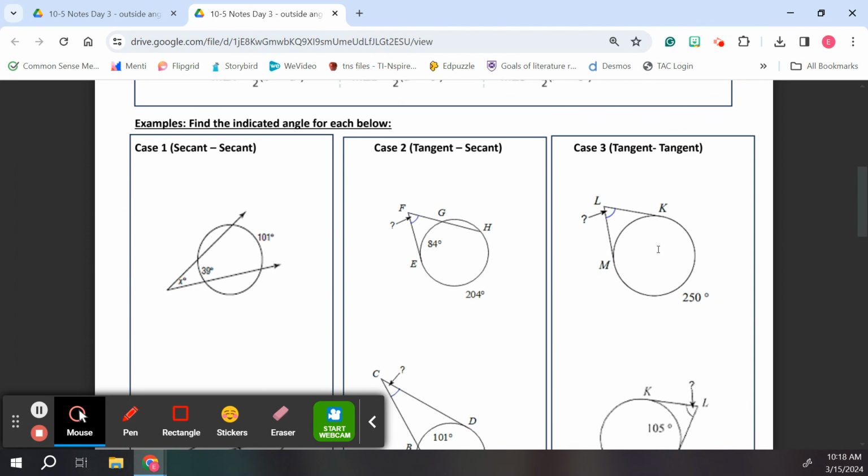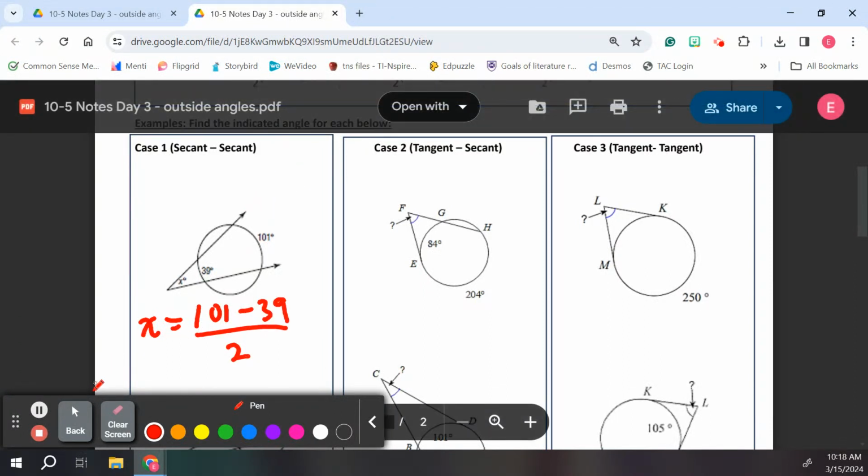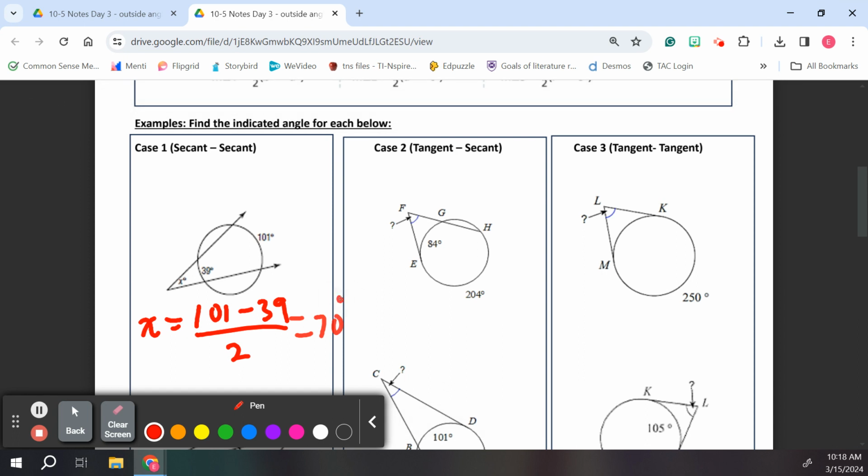So this is a secant case. In order to find x, I'm going to state that the larger arc, 101, minus 39, and it's all divided by 2. In the end here, I should have a total of 70 degrees.